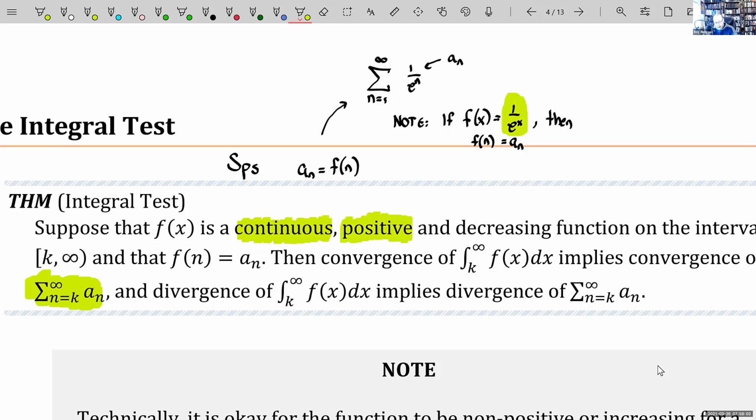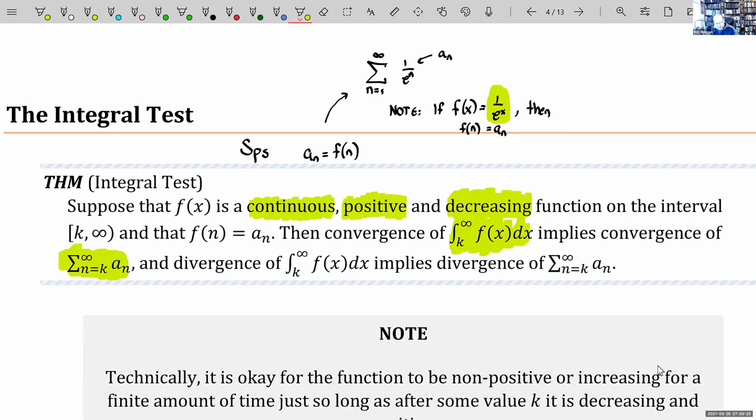And we require that our function is decreasing. All 3 conditions have to be met for you to use this theorem. But if you can do that, then the convergence of the improper integral implies convergence of the series. The divergence of the improper integral implies divergence of the series.